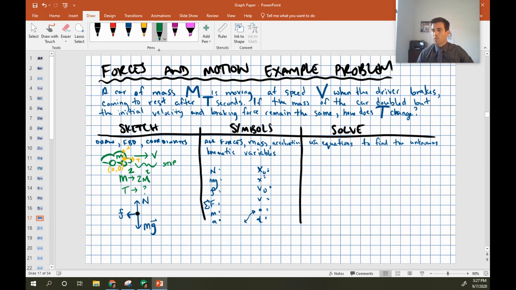So going down and figuring out what we know, mg is actually equal to capital MG, because we're just plugging that in. We know force. Okay, we don't know what it is, but we know it's going to be the same. So let's just use this placeholder variable of F to go in there. Our net force, we have no vertical forces going on here.